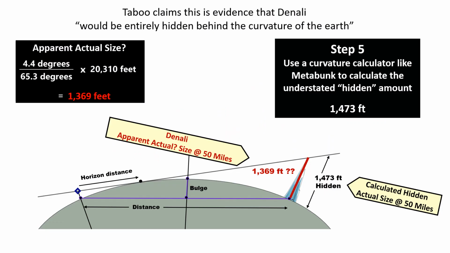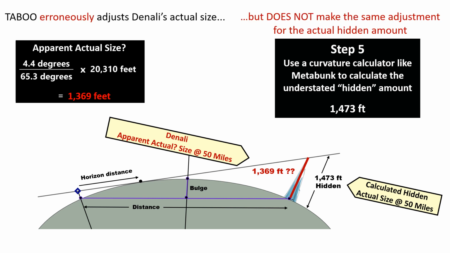So Taboo is making the claim that this is evidence that Denali would be entirely hidden behind the curvature of the Earth. Here's the problem. Not only does Taboo erroneously adjust Denali's actual size down to this ridiculous 1,369 feet, he does not make the same adjustment for the actual hidden amount of 1,473 feet.